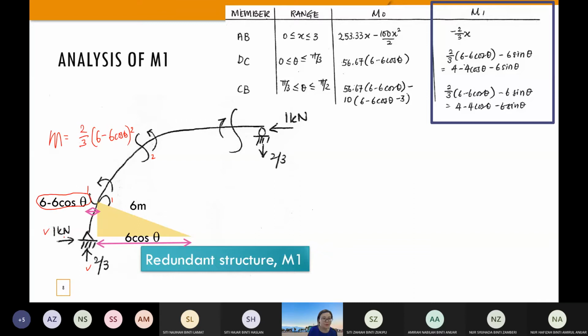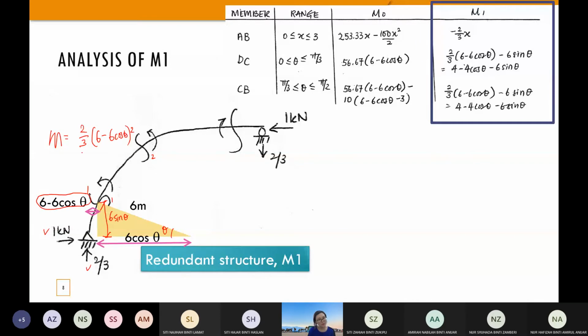And then 1 kilonewton, what is the vertical distance? Can you help me, class? Thank you. This is 6 sin θ.